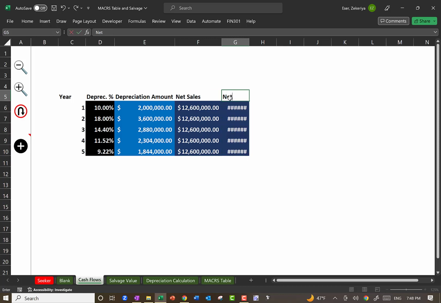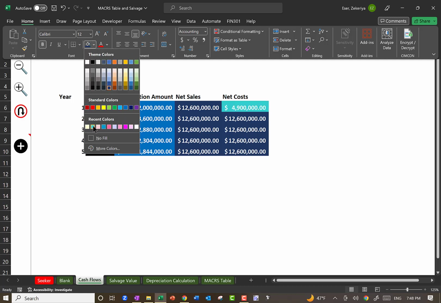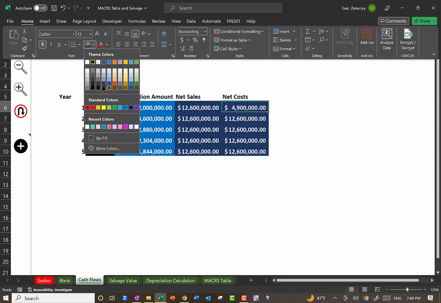Net costs. $4.9. Let me use a different shade. How about something like that?